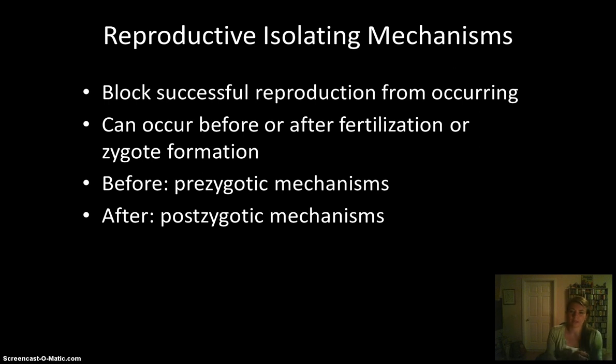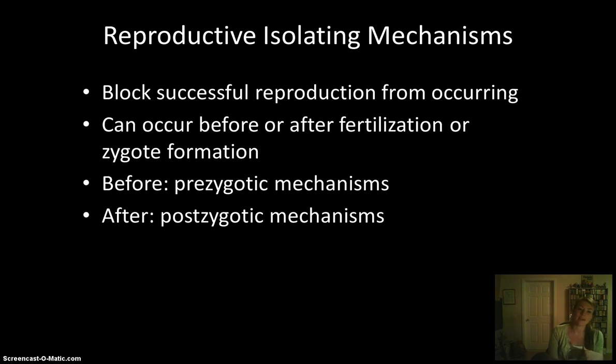And so these reproductive isolating mechanisms can occur before or after fertilization. Fertilization means when the egg and the sperm join to form a zygote. A zygote is the earliest stage of life. So if something happens before fertilization to prevent it from happening, we call that a prezygotic mechanism, something that stops a zygote from forming.